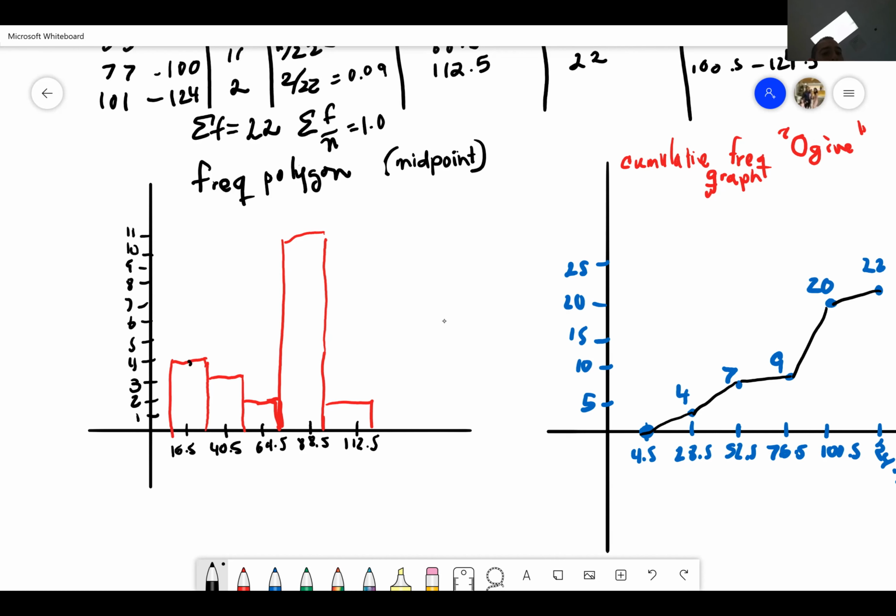For 16.5, it was 4, so I put a dot there. For 40.5, it was 3. For 64.5, it was 2. For 88.5, it was 11. And for 112.5, it's 2. And so I connect these dots like so.